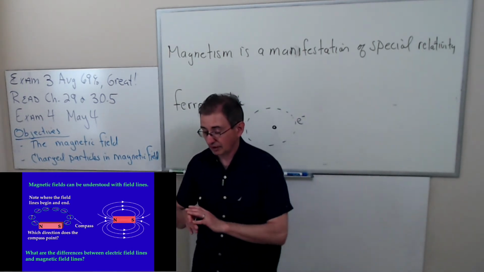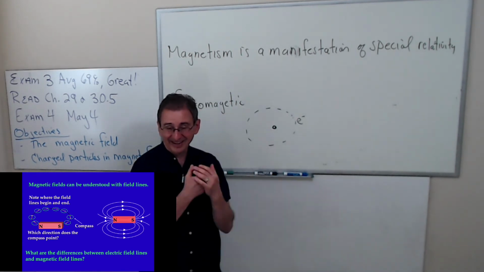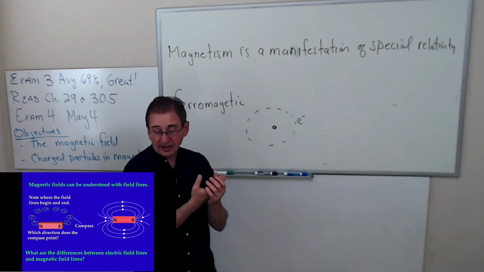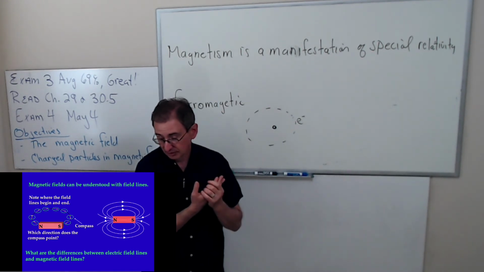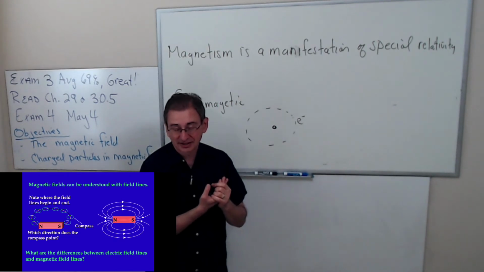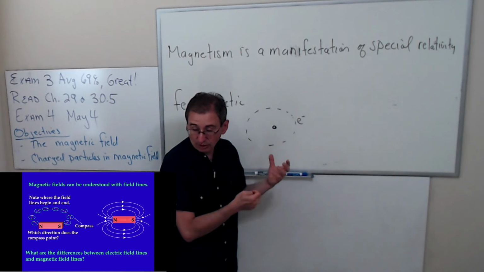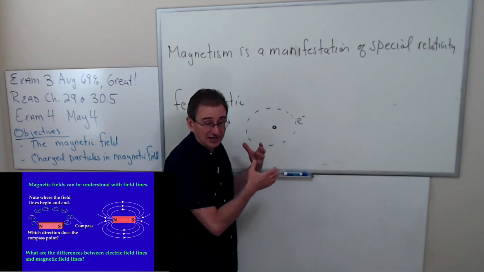So let me continue further. Atoms have a bunch of electrons, though, right? And so only certain atoms are capable of acting like magnets: those that have a shell that's half filled.